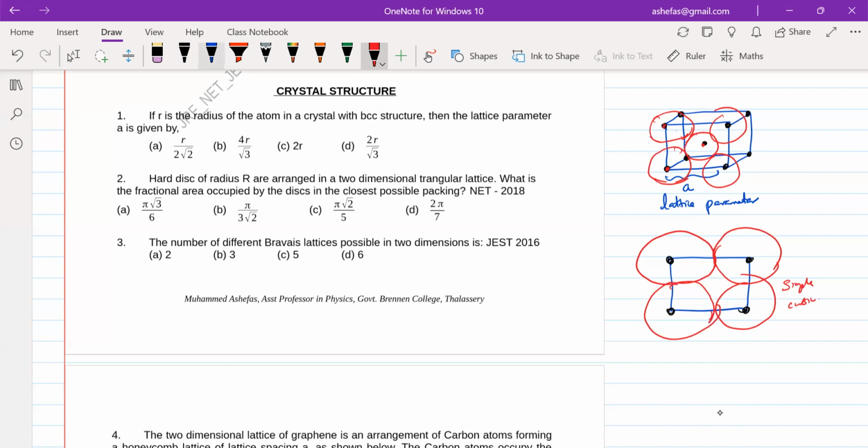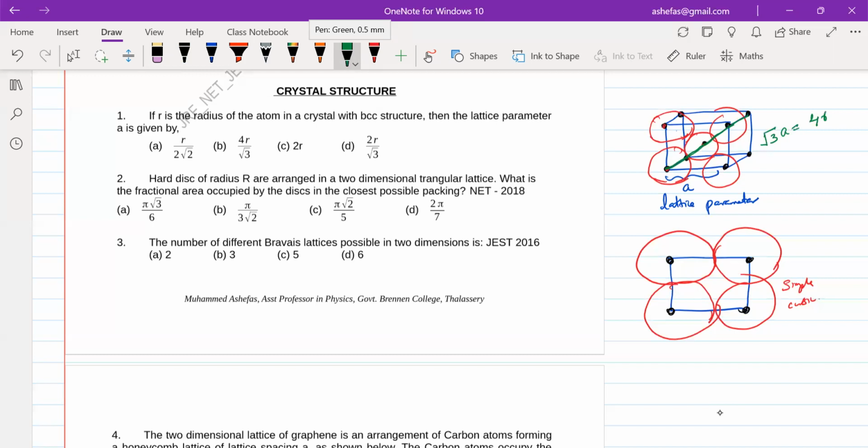So then it is easy to find the connection between the radius of the atom and the lattice parameter. If you take the body diagonal, the body diagonal would be equal to root 3 times A, and that would be equal to how many radii? 1, 2, 3, 4 radii. So that would be equal to 4R.